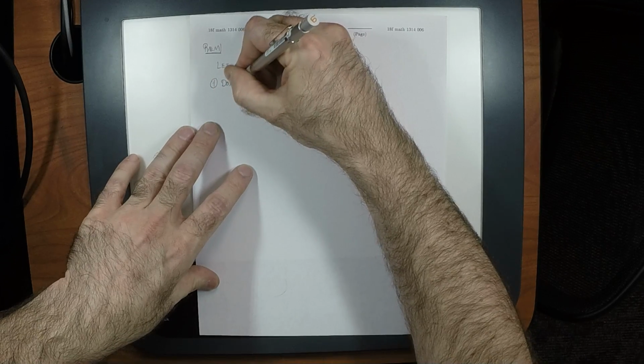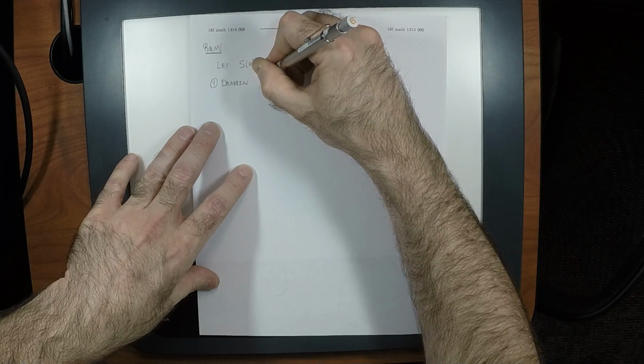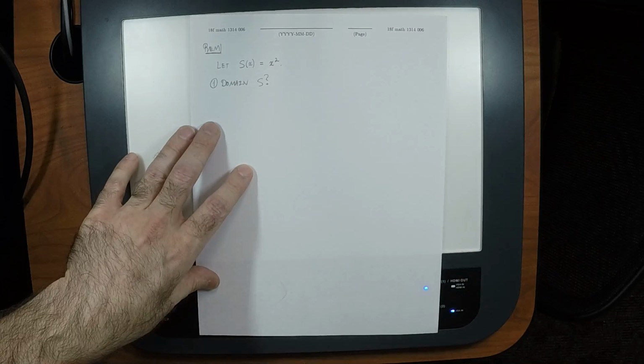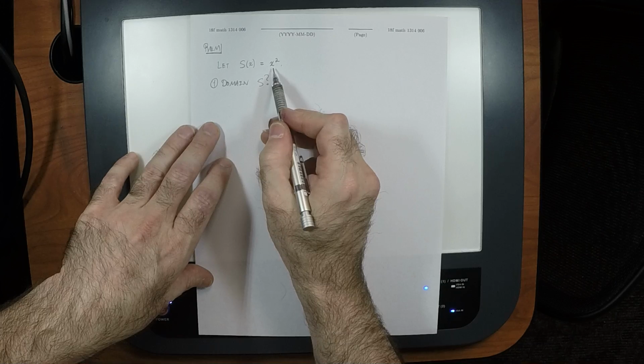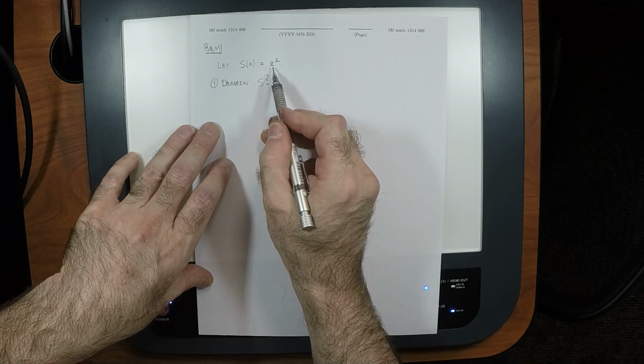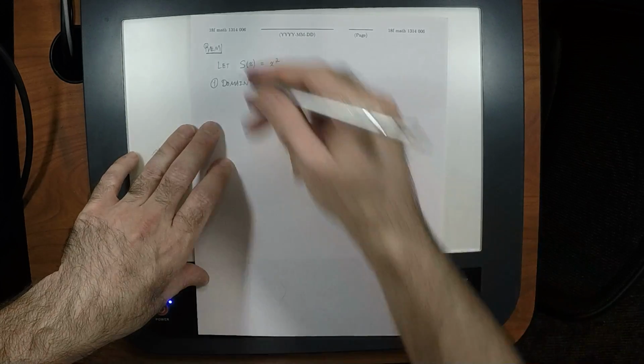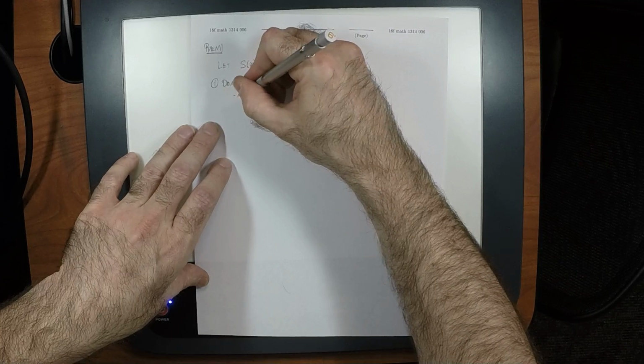So what's the domain? All reals, right? Because the question is, for which x's is that defined? All of them, right?